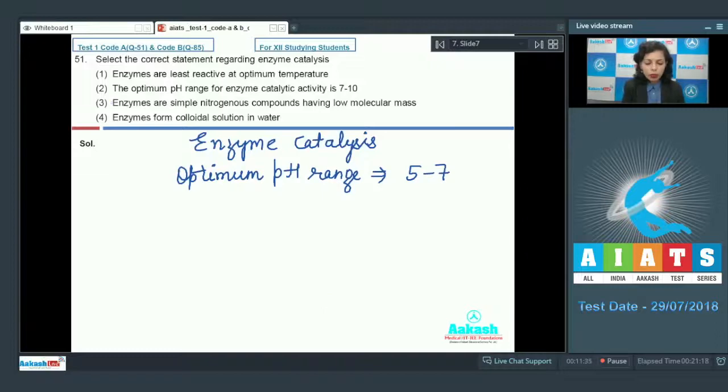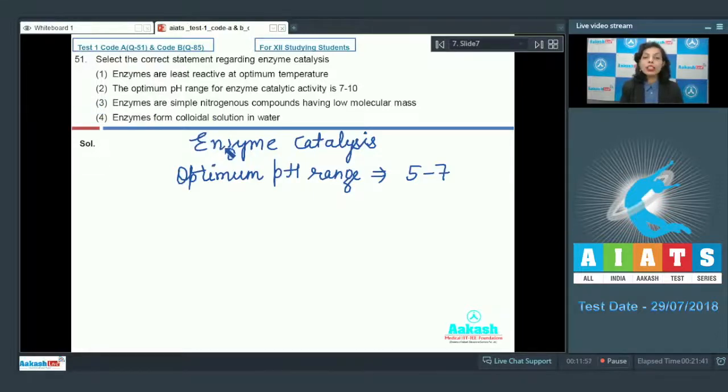Now the third option: enzymes are simple nitrogenous compounds having low molecular mass. It means if we talk about enzymes, these are compounds with high molecular mass because these are proteins basically. So this option is also a wrong statement. Now the fourth option contains the statement: enzymes form colloidal solution in water.